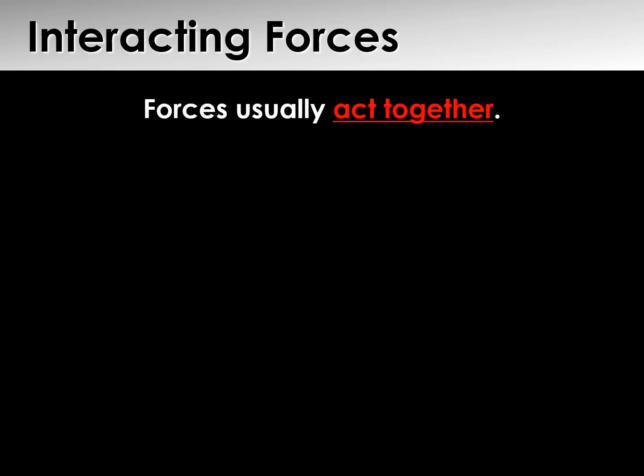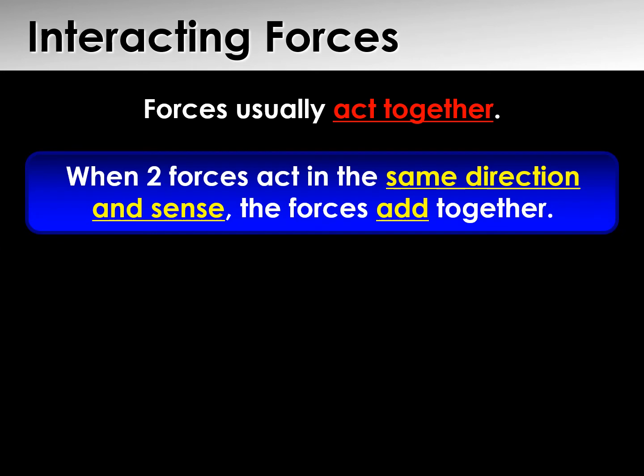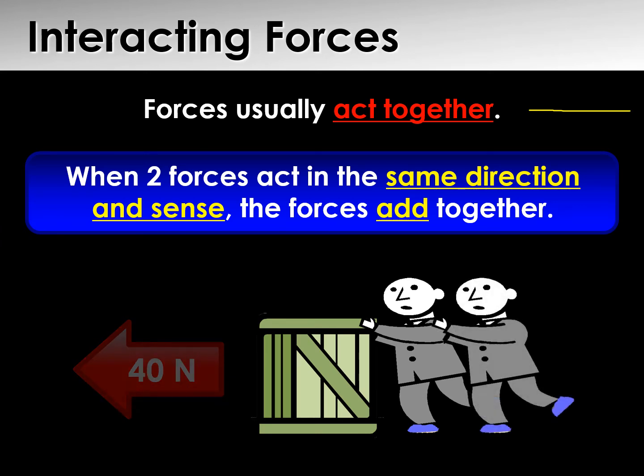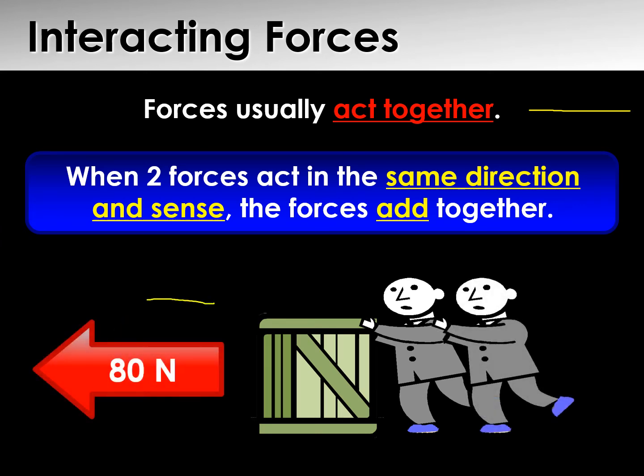When you have two forces acting in the same direction, both horizontal or both in x, and the same sense, for example here, 40 horizontal to the left and 40 horizontal to the left, you add them together. So 40 plus 40 equals 80.